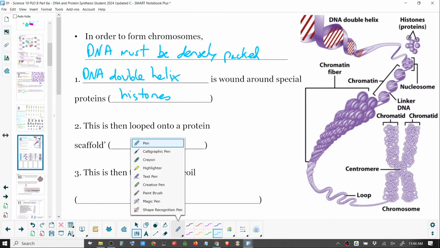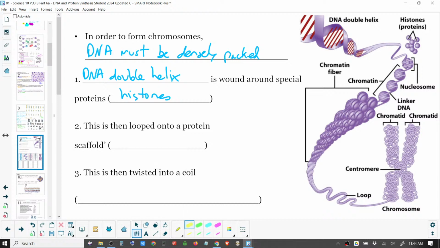I'm going to highlight all the words that you need to know. Which is most of them.